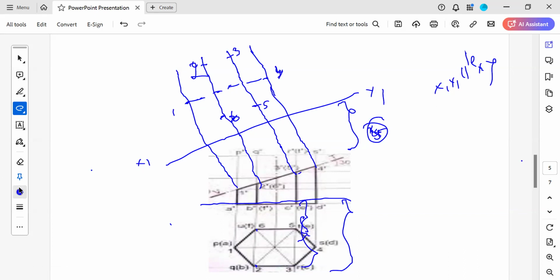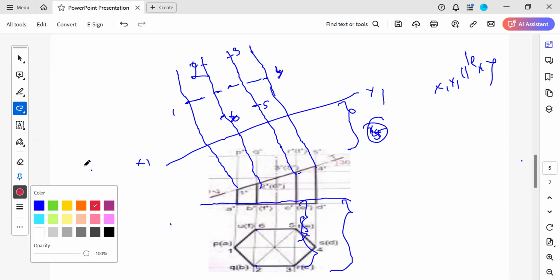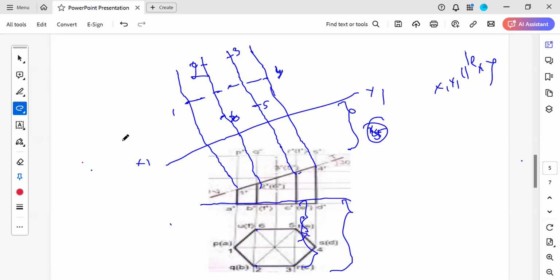Now you join those points in sequential order, that is 1 to 2, 2 to 3, 3 to 4, 4 to 5, 5 to 6, and 6 to 1. So this is called as the true shape of the section. Here you can use hatching also with 45 degrees lines in order to indicate the true shape of the section.